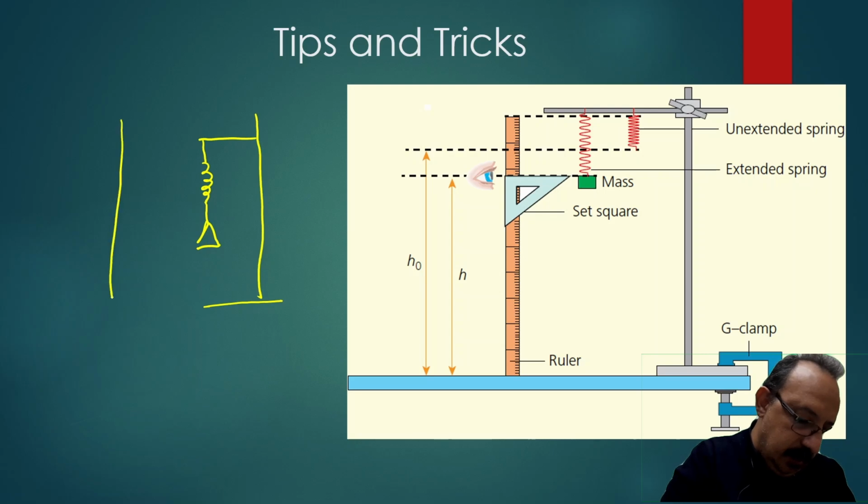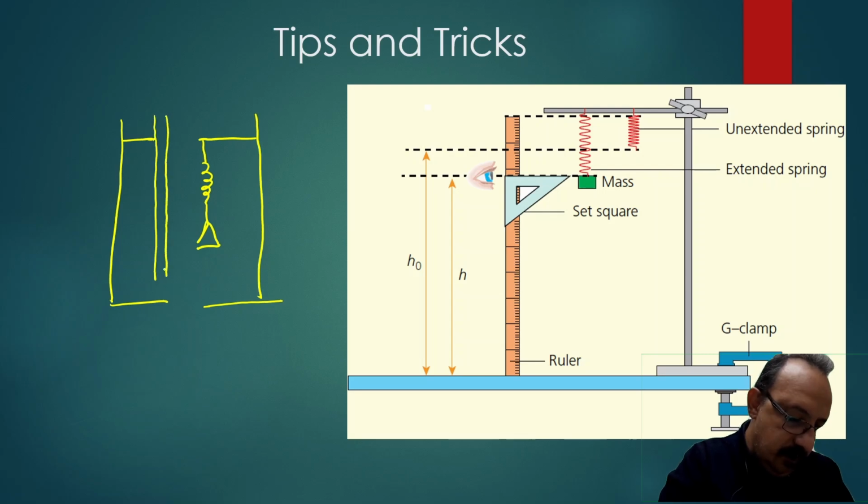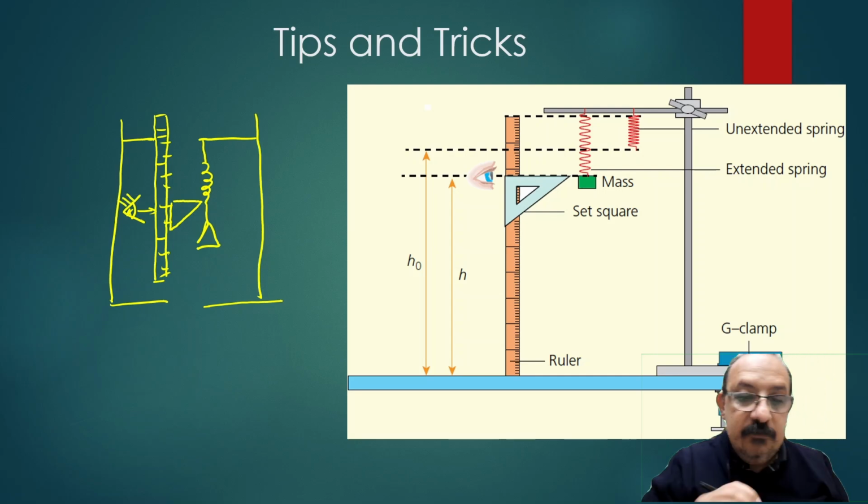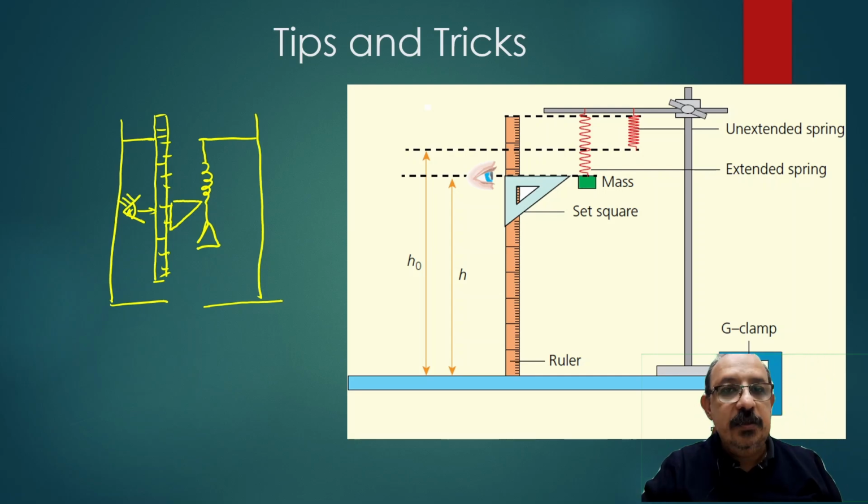Okay, we got another clamp. I just need to make sure to do the drawing with a meter rule so you get the lines more accurate. Then I use a set square like this, and I set my eye like this. Okay, and then write what I have mentioned before.